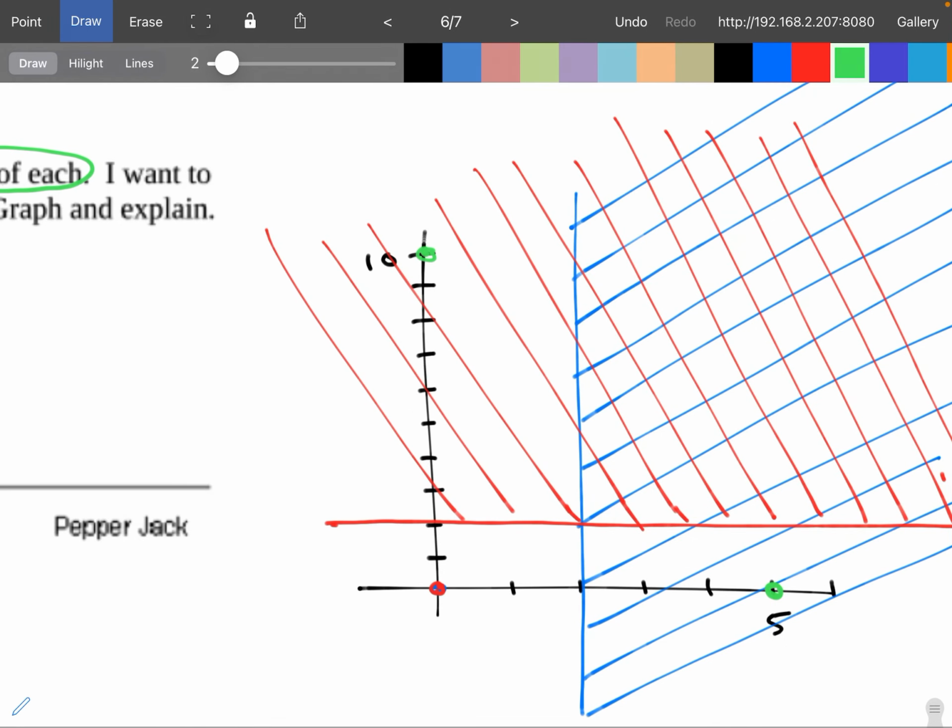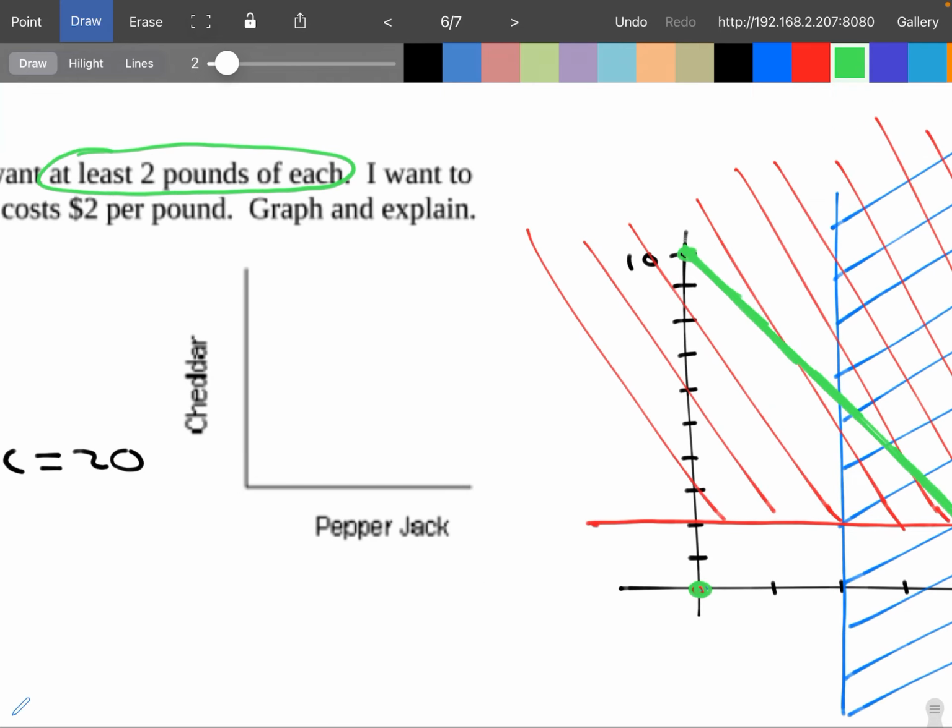Then I got to graph the third line. So the third line is the one in green there. And for that one, I said I was going to use these 2 points, 0, 10 and 5, 0. And I'm going to do that one in green. So 0, 10 is right here, and 5, 0 is right there.